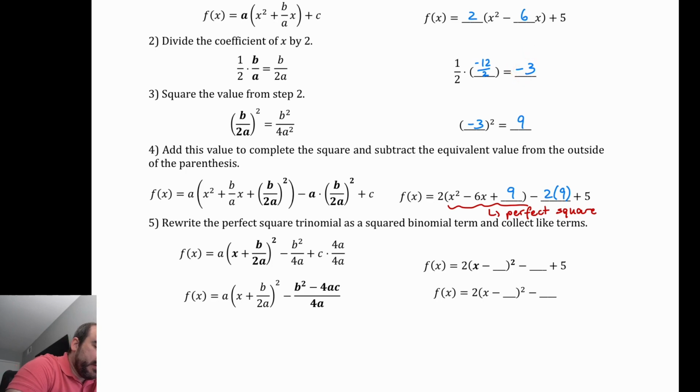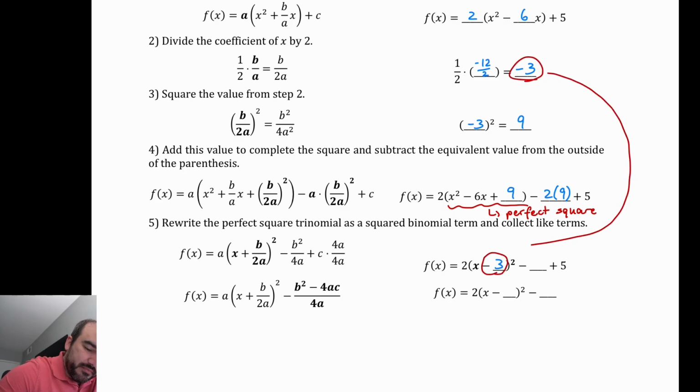It's that number. So we're going to have a x minus 3 here. So this number and this number are always going to be the same.